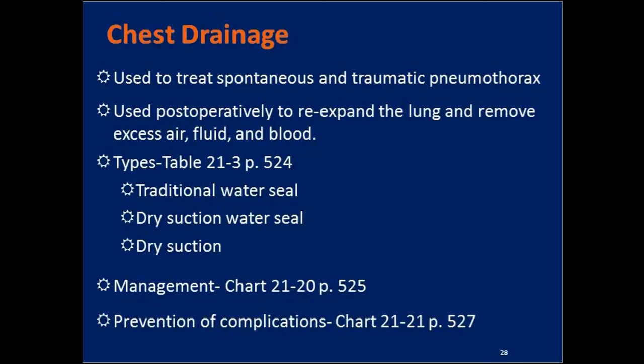So management of a chest tube, if you'll look at page 525, some management things that you need to make sure and assess for. Make sure that there are no kinks in the chest tube, first and foremost, that the chest tube is patent, it's draining, and it is secure to the chest wall.